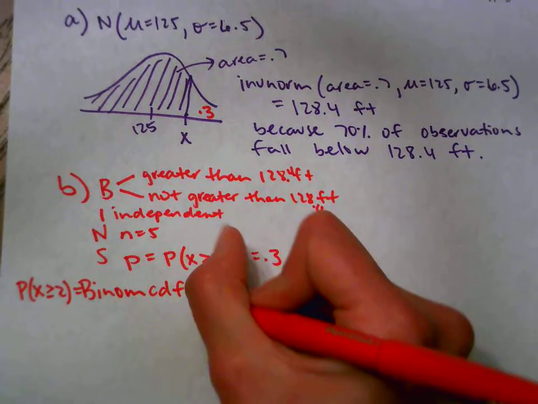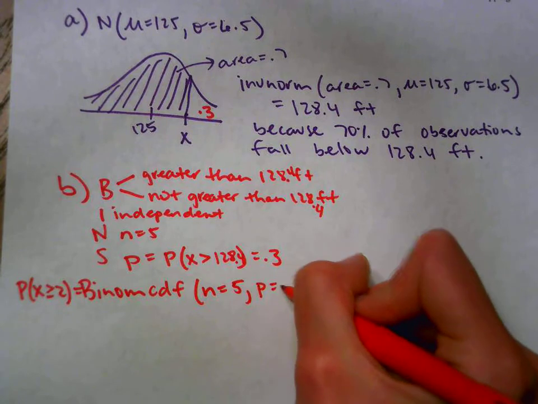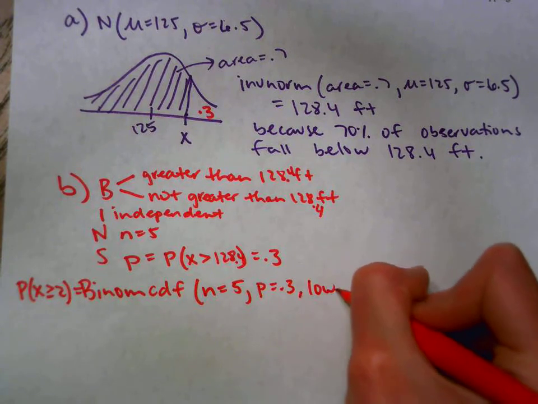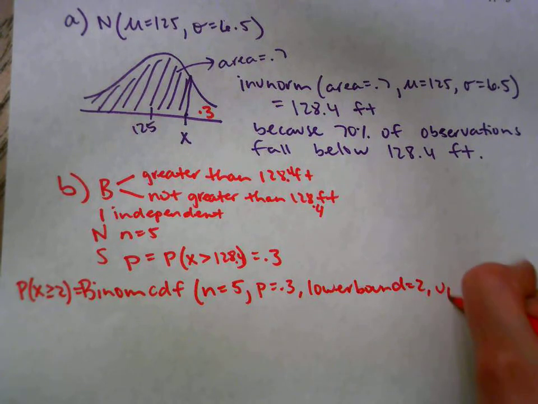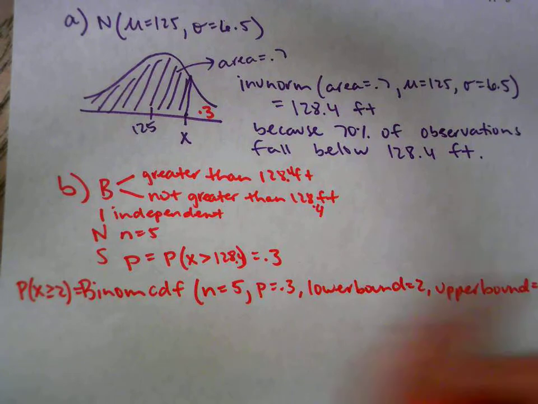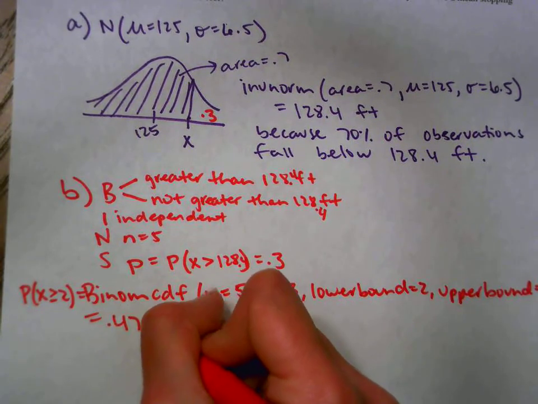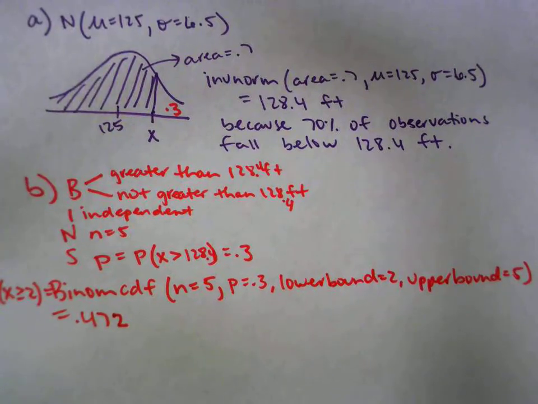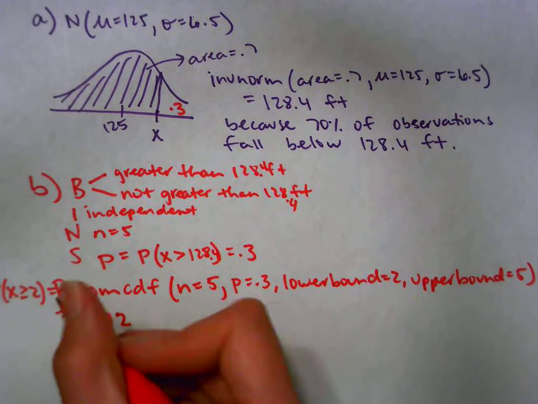So let's write down n equals 5, probability of success is 0.3, lower bound is 2, and the upper bound is 5. And so that probability equals 0.47, I'll round it up to 2. And is that all it asks for? Just what's the probability? Yes, so that's your answer.